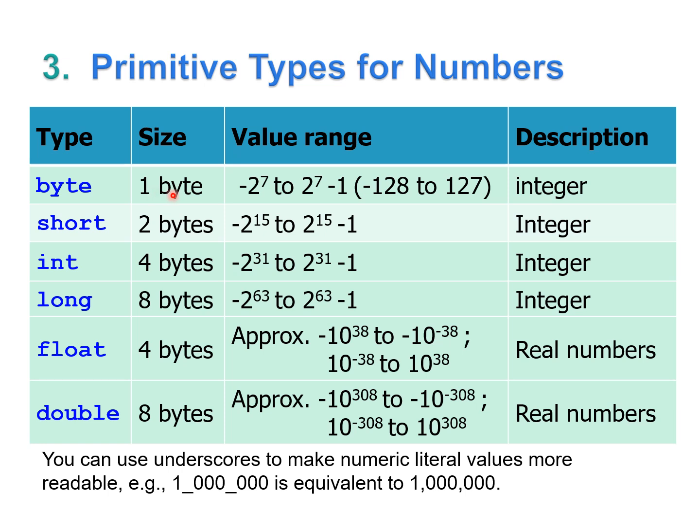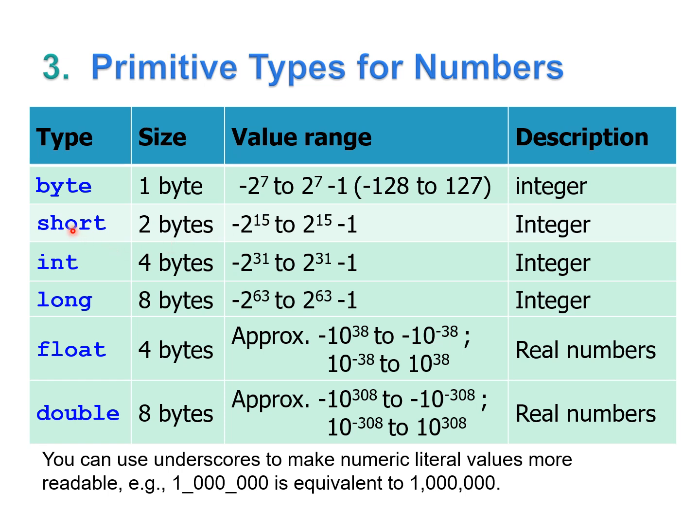It can hold integer values ranging from -2^7 or -128 to 2^7 - 1 or 127. Because 1 byte has 8 bits, it can hold 2^8 different values, and we want those integer values to span evenly on both sides of 0.